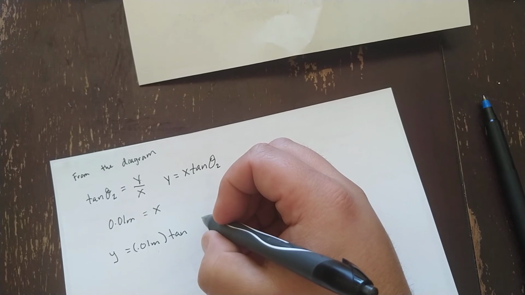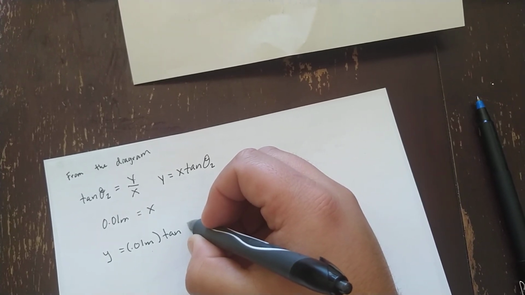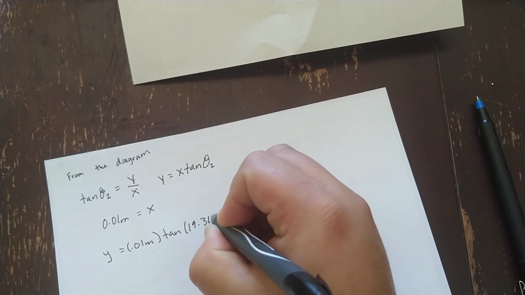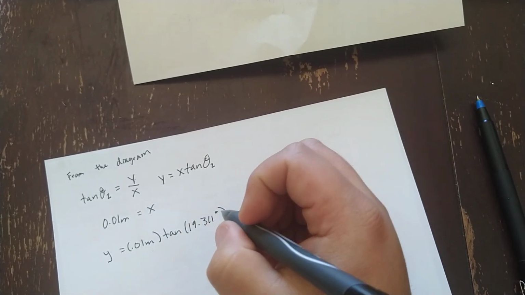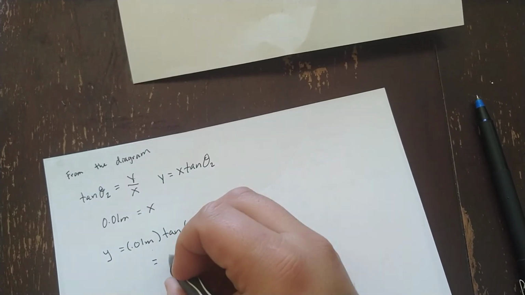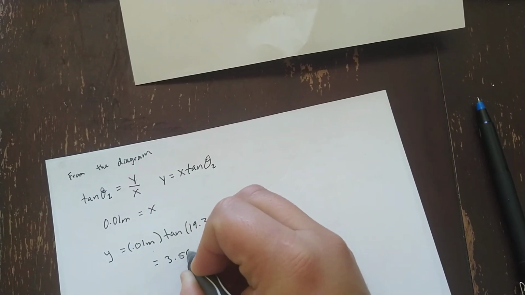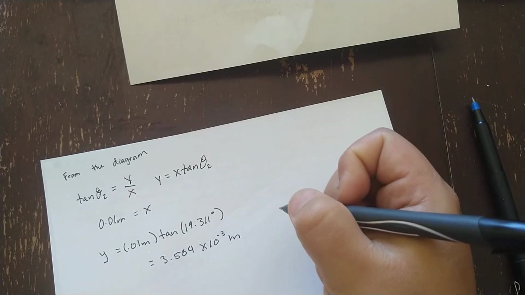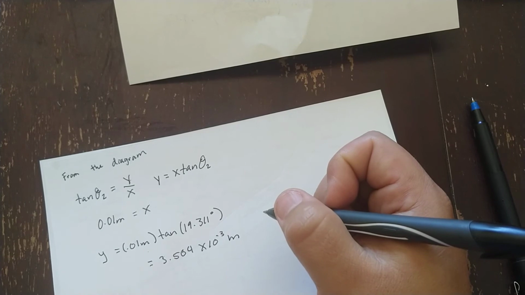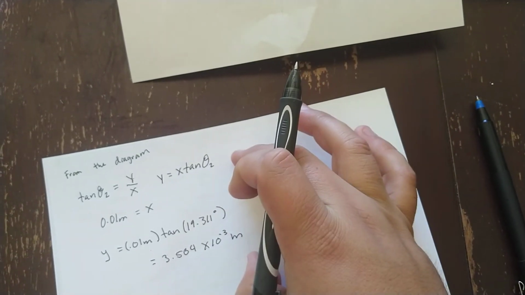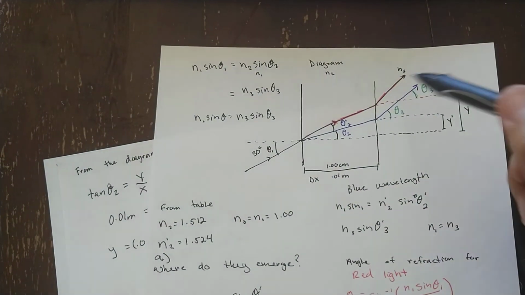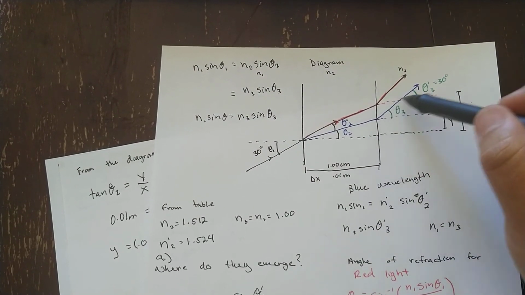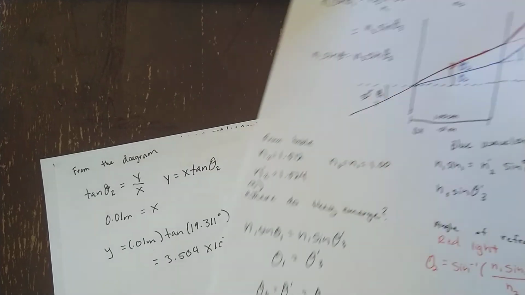And we're going to use the information from the red ray of light first. If you plug this into the calculator, you're going to get 3.504 times 10 to the negative 3 meters. So that's the bigger distance right here for the total angle of the red, the distance of how it's refracting.